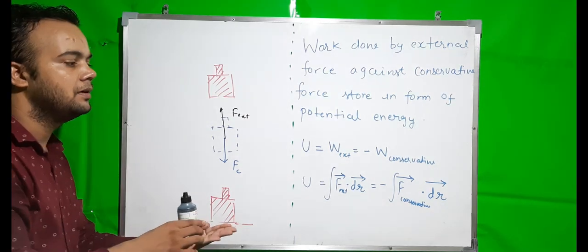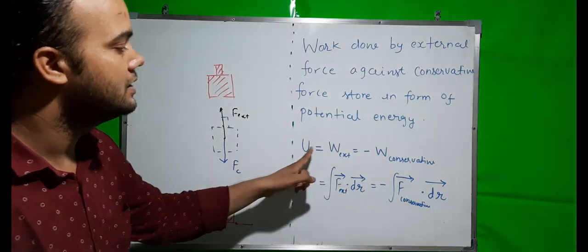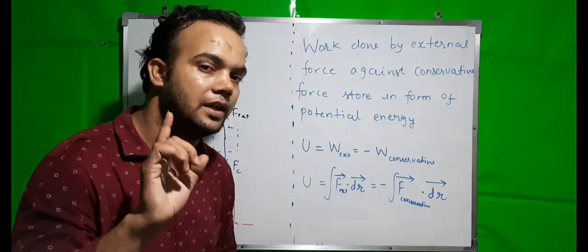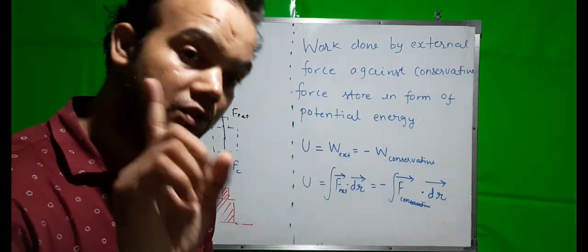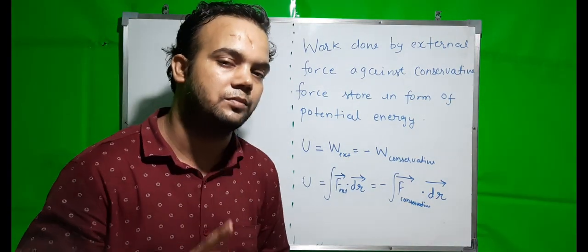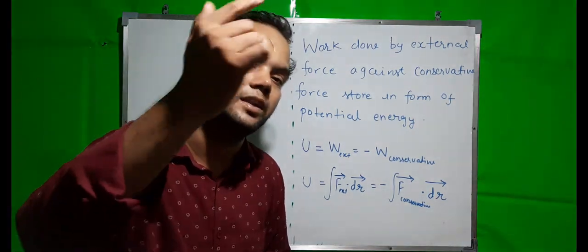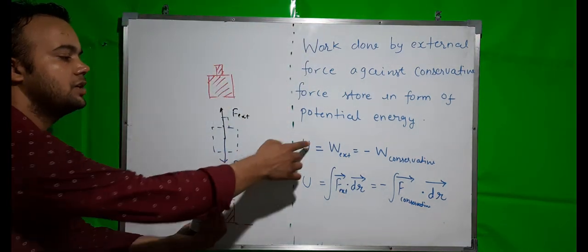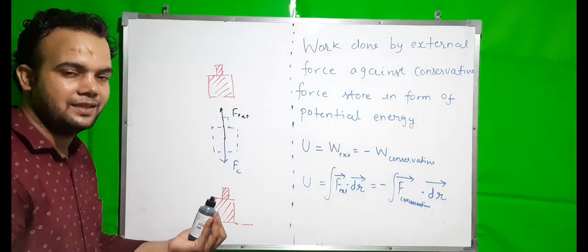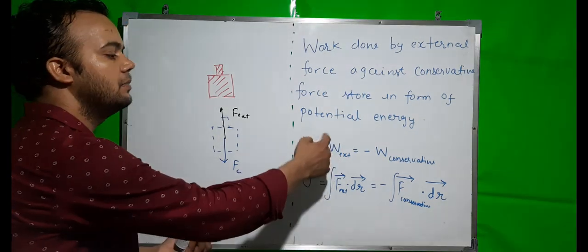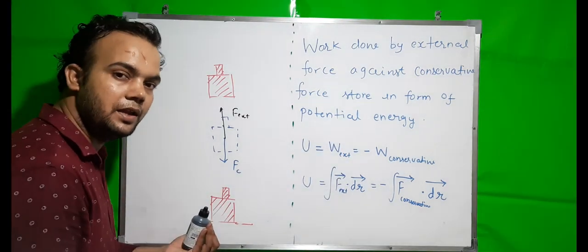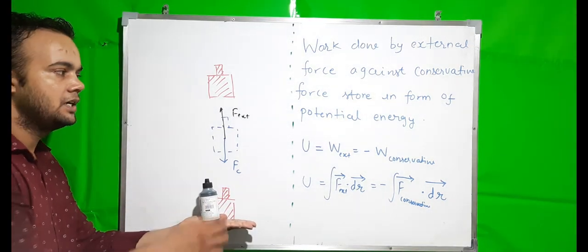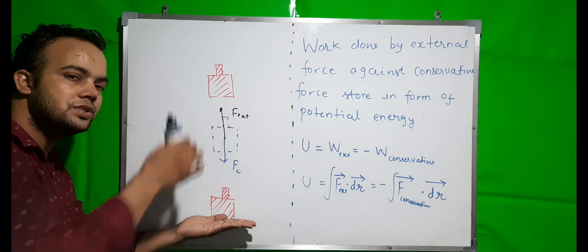So always remember, the potential energy is equal to the work done by the external force in bringing the body from 0 potential energy, where you have supposed 0 potential energy, to any position.